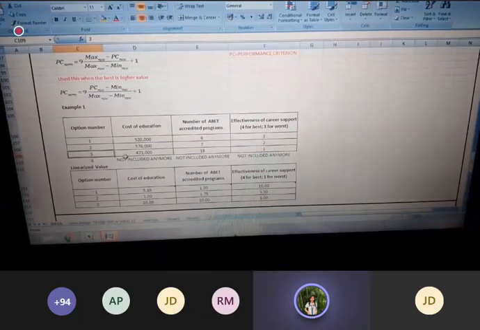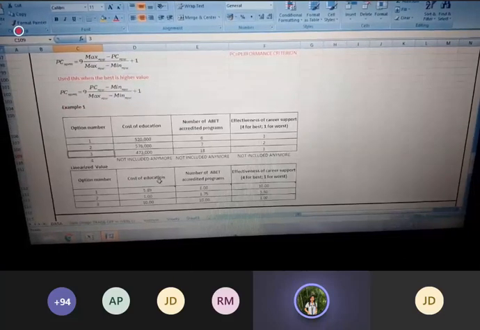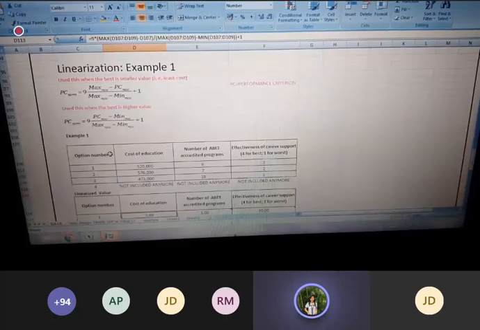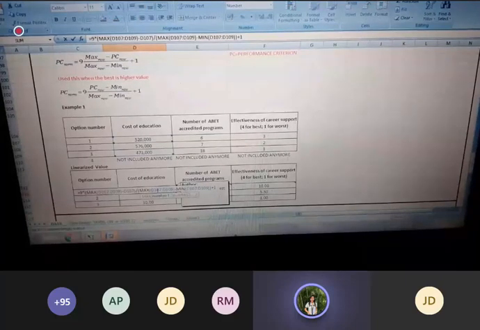So that would be considered for our linearization. As we go on to our linearization, for the cost of education, the equation used is that when the best is a smaller value. You can see it's already tabulated in Excel.